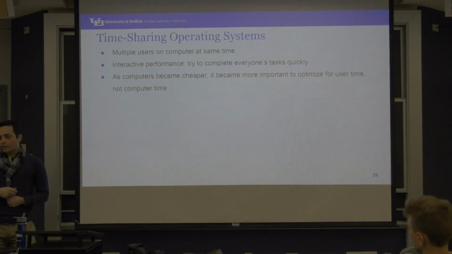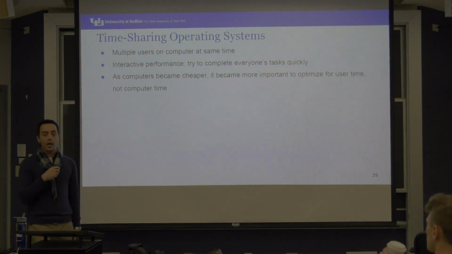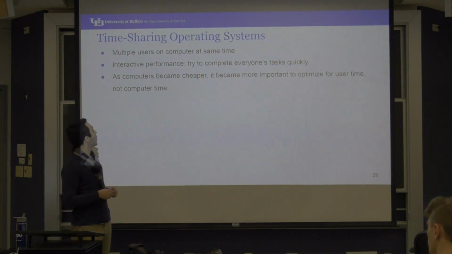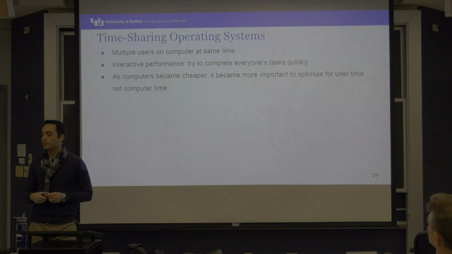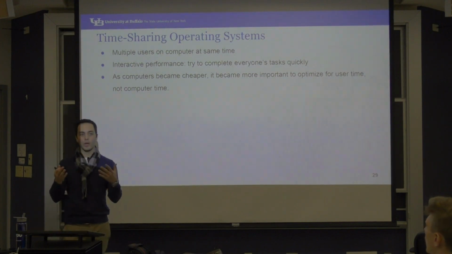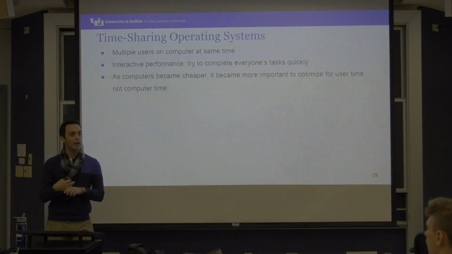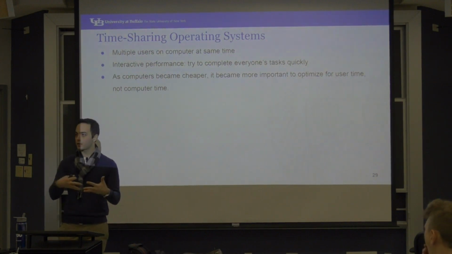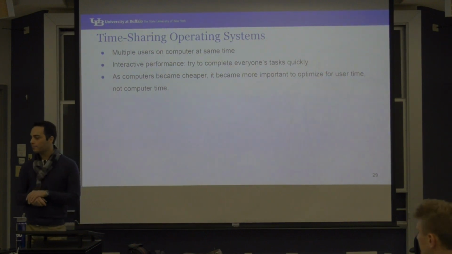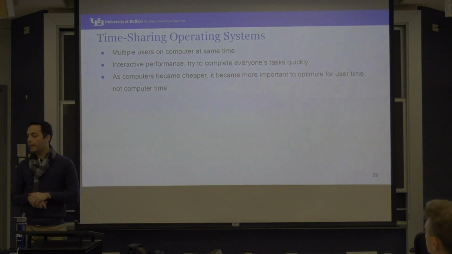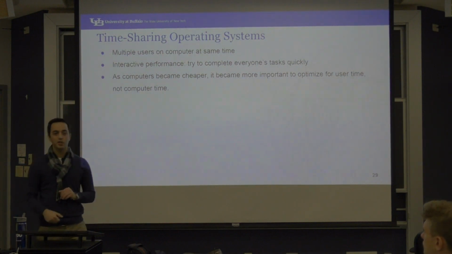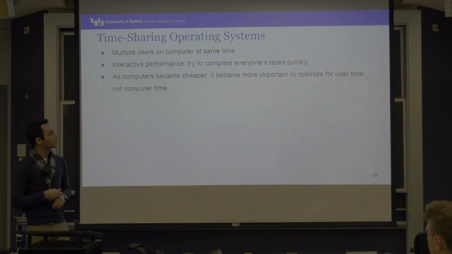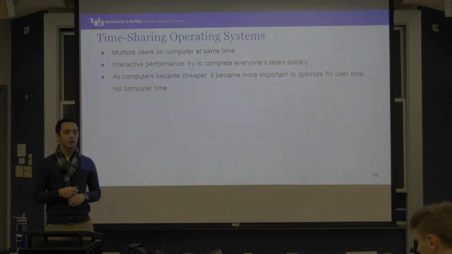So time sharing comes here and allows multiple users to use the computer at the same time, all right? So basically, it allows interactive performance. When multiple programs are running at the same time, if a program is doing I/O, the other one can also interleave processing or I/O, right? And then obviously, as computers become cheaper and faster, it becomes more important to optimize for user time rather than computer time, right?